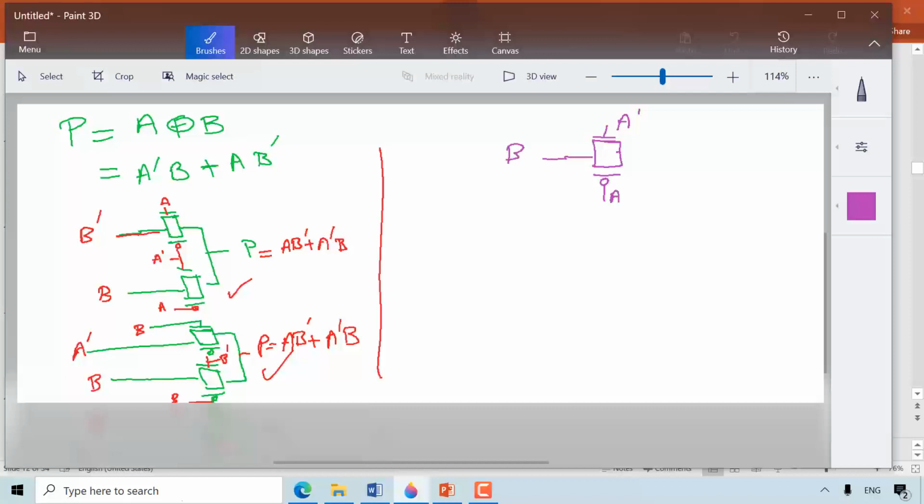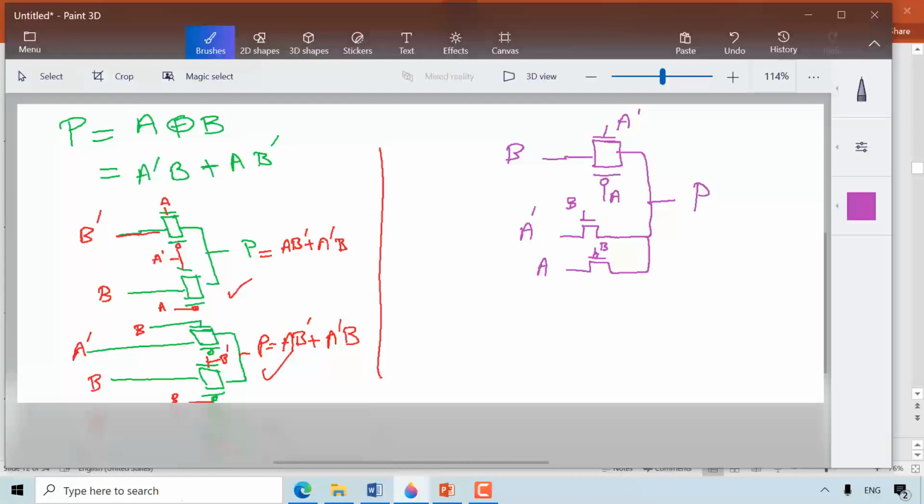And here we've got B and A prime and B and A. And this is the P. Again, they chose this implementation. It's a multiplexer, by the way, this one. It's a multiplexer, but they chose this implementation so that they could generate P and P prime easily.